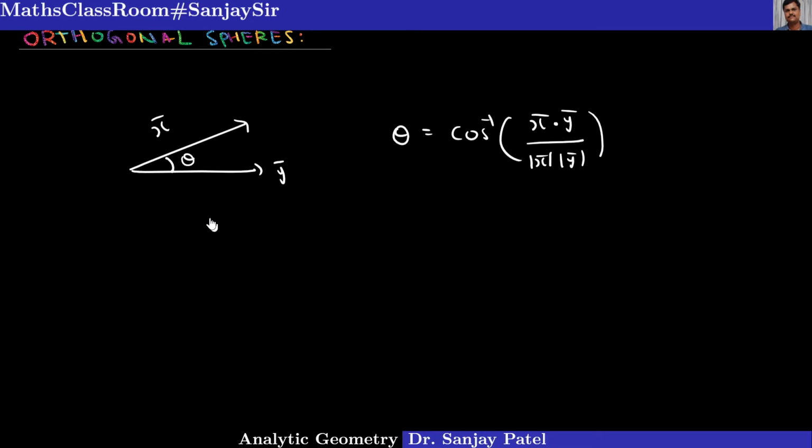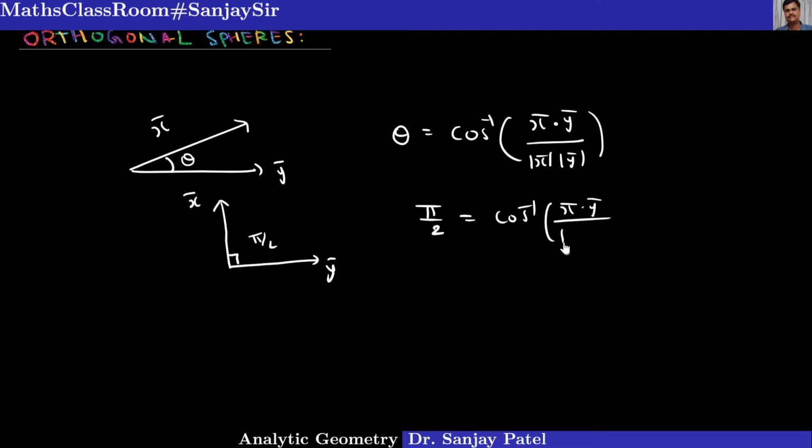If these two vectors are perpendicular, then this theta is pi by 2. So in this case, if x bar is like this and y bar is like this, then this theta is pi by 2, and we get cos inverse of x bar dot y bar upon mod of x bar into mod of y bar.